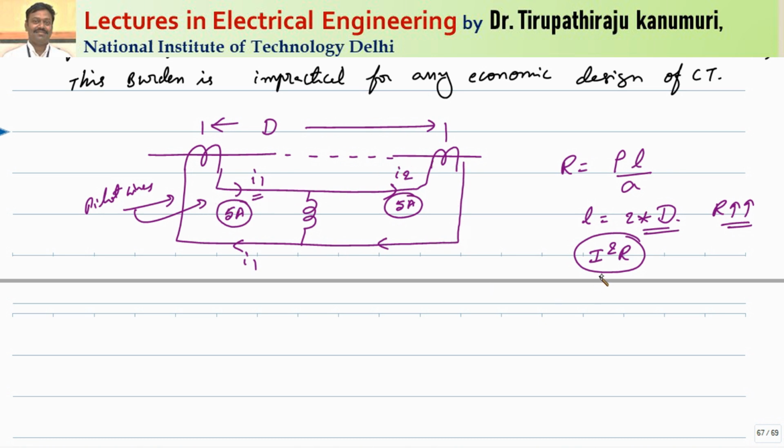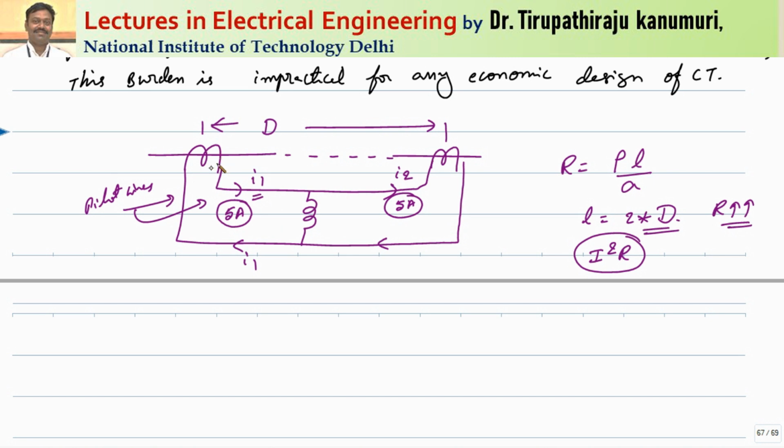This 5 ampere square multiplied by the resistance is lost, and under fault conditions these currents are extremely high, so the losses are extremely high. This entire power should be supplied from the primary only.